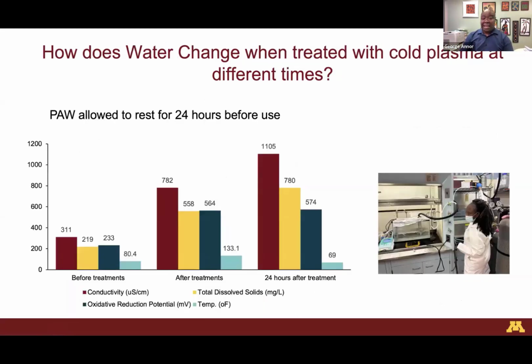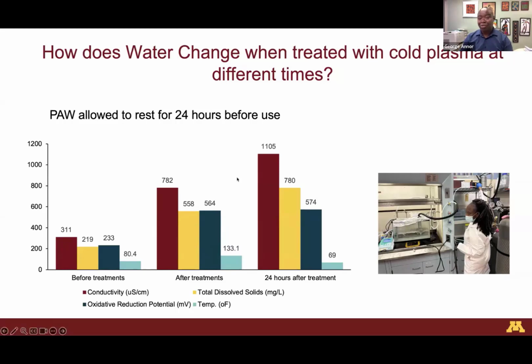It is important to know that for all the experiments we did, we actually let the PAW rest for 24 hours. Why? If you look at this graph here, you could see this is water before treatment, of course, and then after we treated it for 60 minutes, we got an increase in conductivity and oxidative reductive potential and the salt and all that.